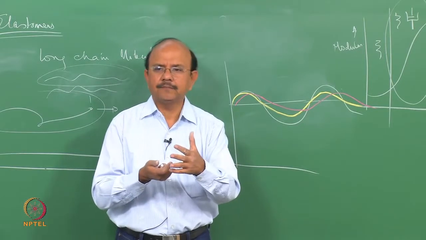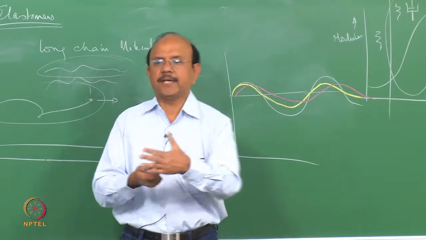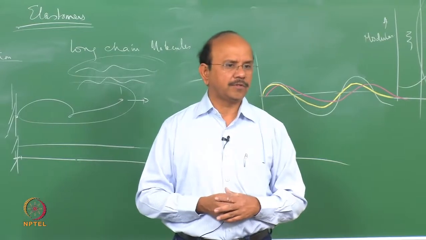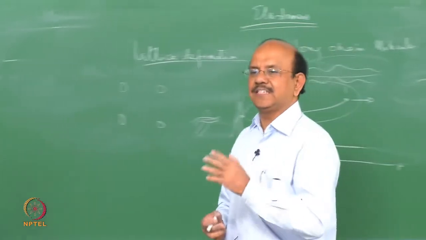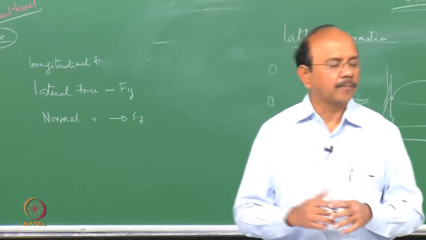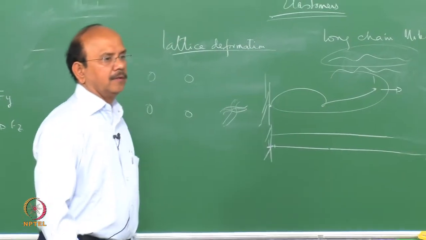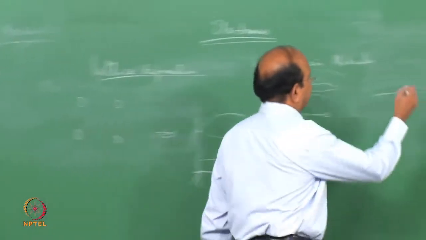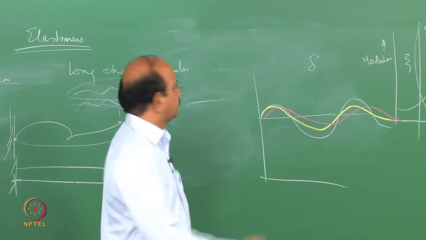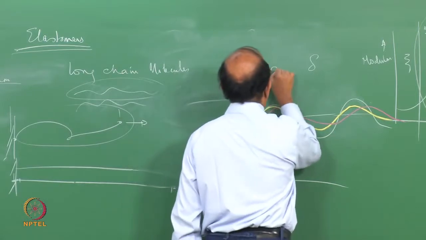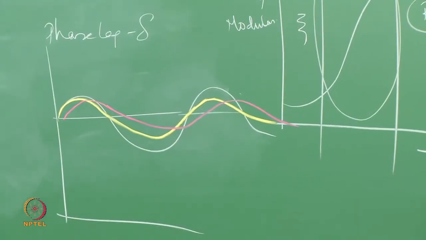When I release it, it doesn't immediately get back to its original position. It takes time to get back. This is a very important property which we will see more and more. We will call this phase lag delta, the phase lag between the stress and the strain.